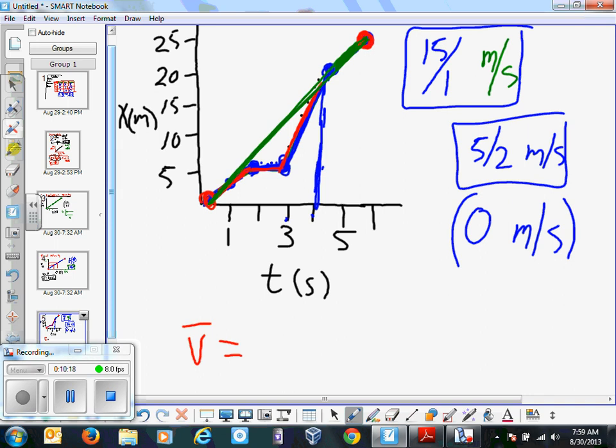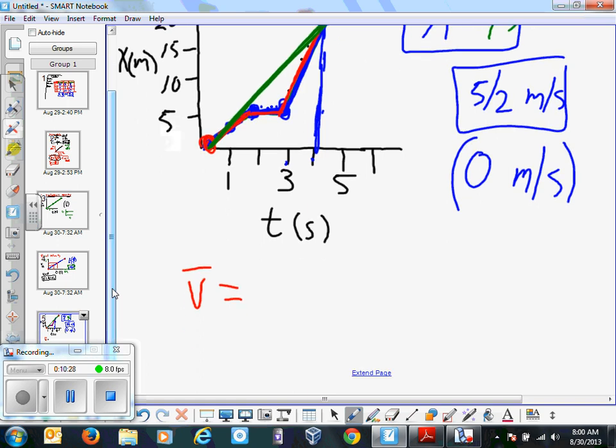And if we find the slope of the line anywhere along that line, that slope will be an average velocity. And so it kind of follows our formula. Average velocity then is the final position minus initial position divided by time.